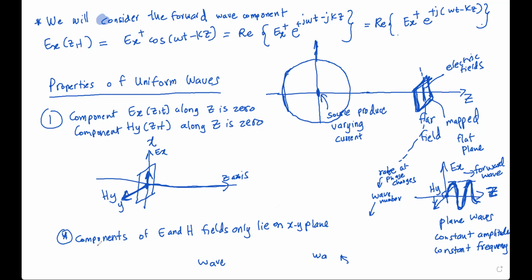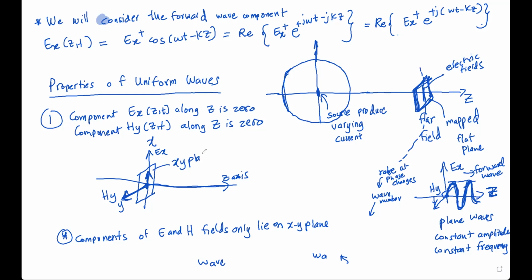So we will discuss situations where this might not happen in real applications, where the components of electric field and the magnetic fields are in the direction of the wave propagation as well. However, in the uniform plane waves, the electric and magnetic fields are only on the XY plane, right?